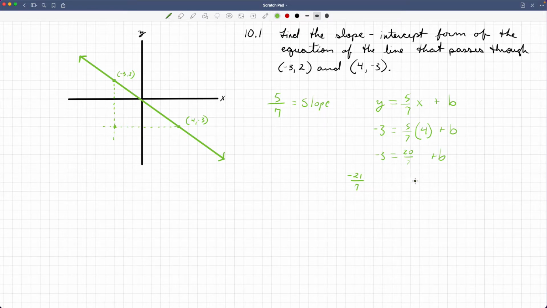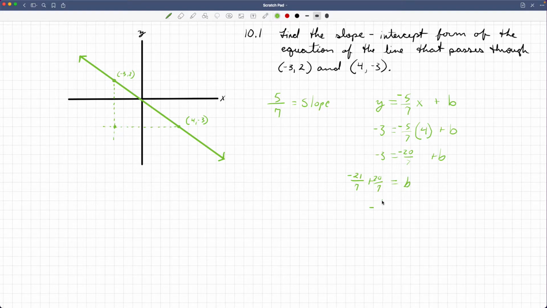Oh, you know what I didn't do? This is a negative slope because it goes down. So that is why this is a -20 over 7. When I bring it over here, I'm going to add it to both sides. So I'm going to add 20 over 7 to -21 over 7, and that's going to be my value of b.